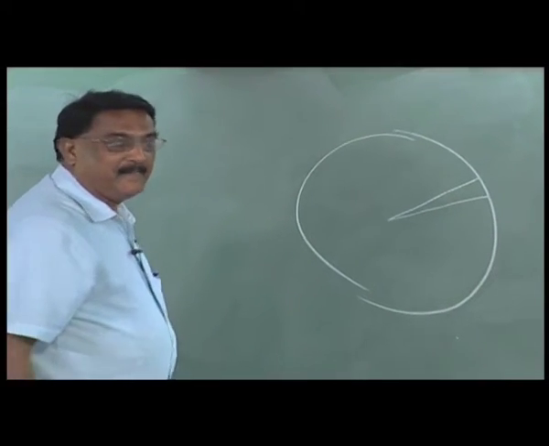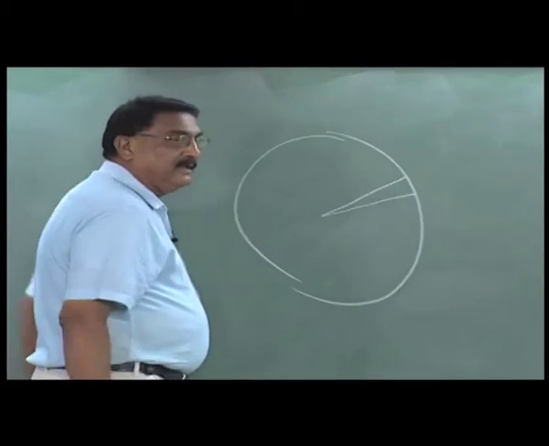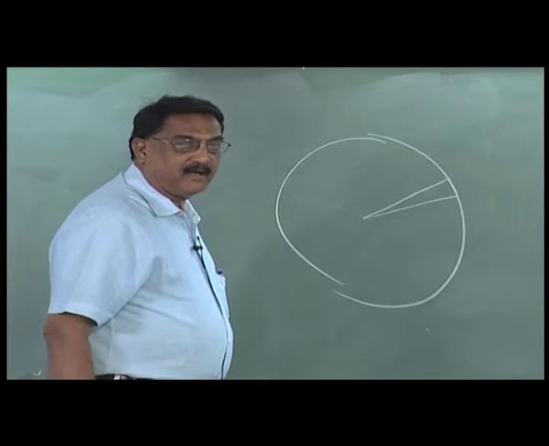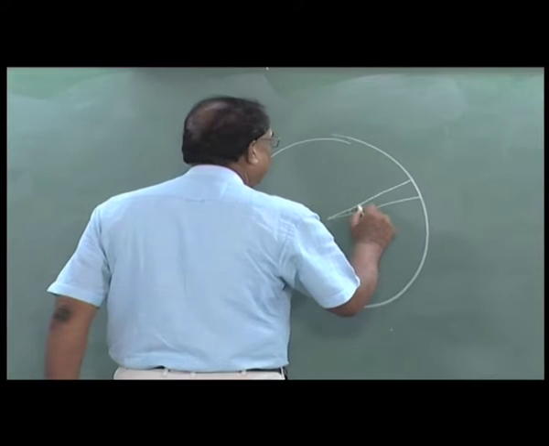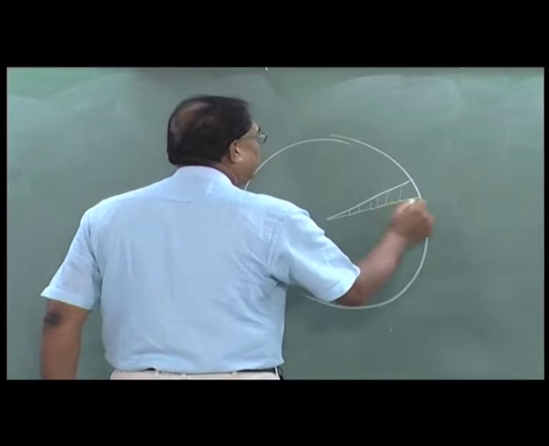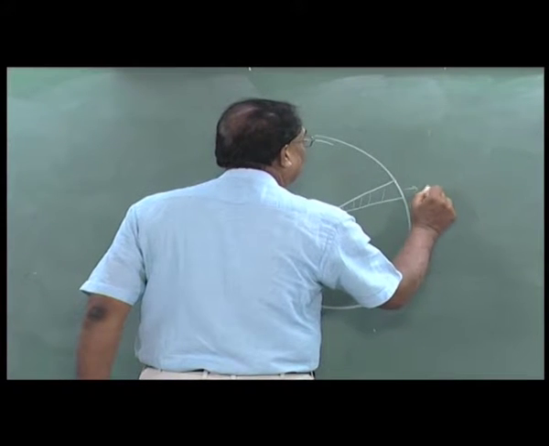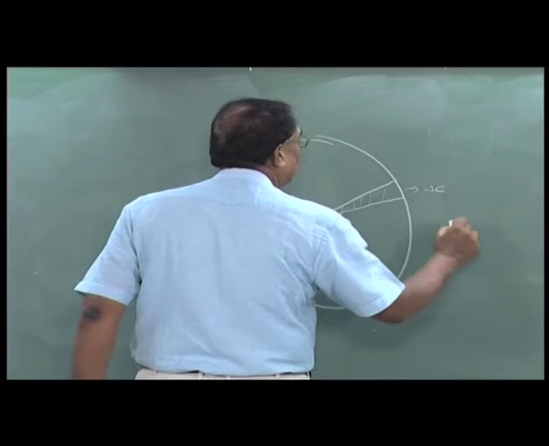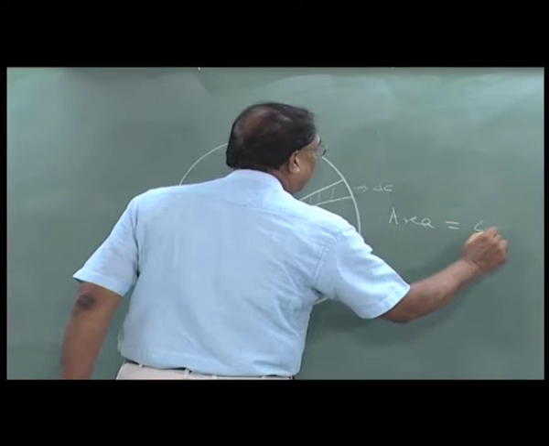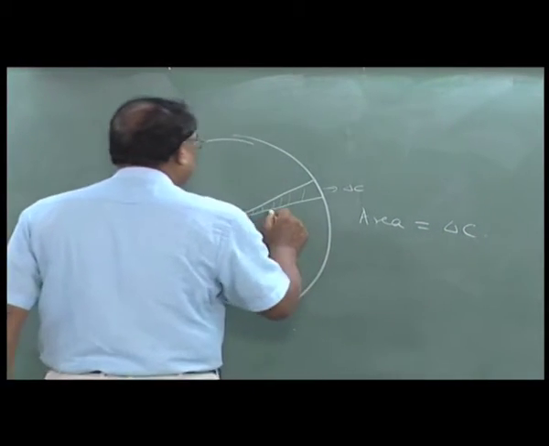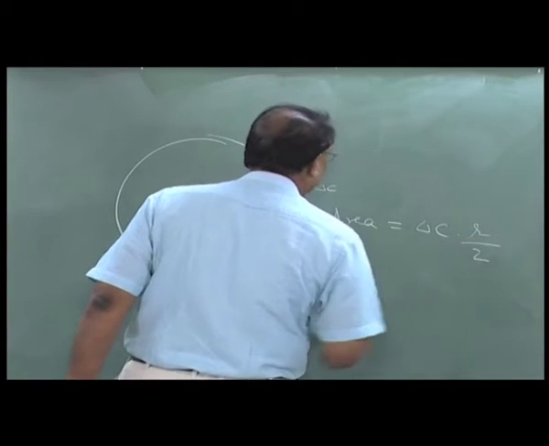If a small segment, this arc, can be approximated by the chord itself, that is, it can be considered as a straight line, then the area of this segment, suppose this is some delta c, will be delta c into the height, which is the radius itself, r, divided by 2.